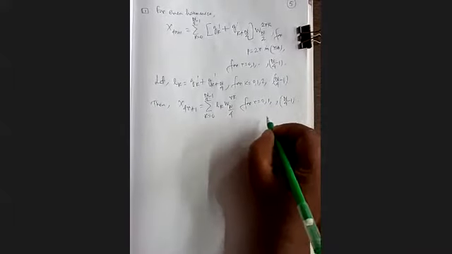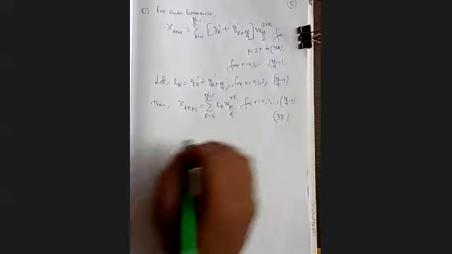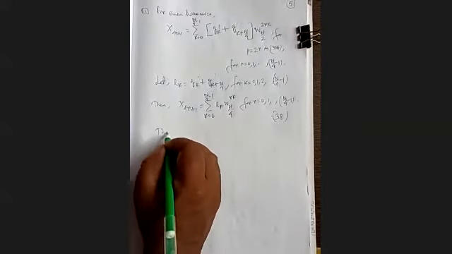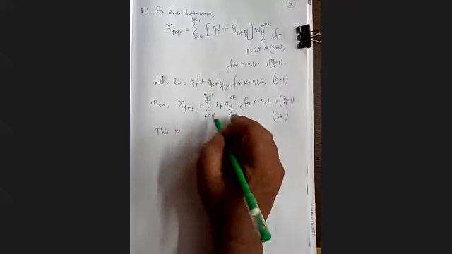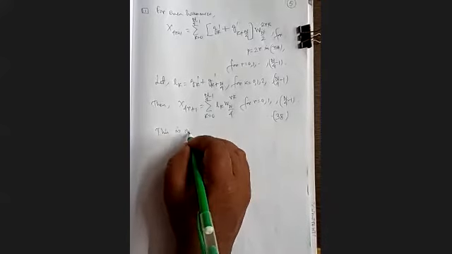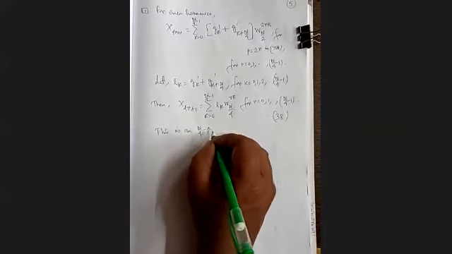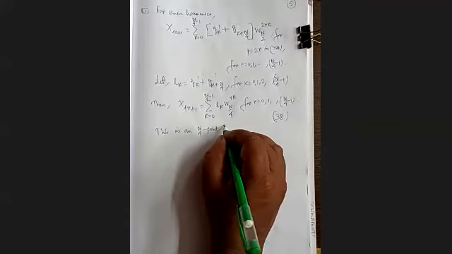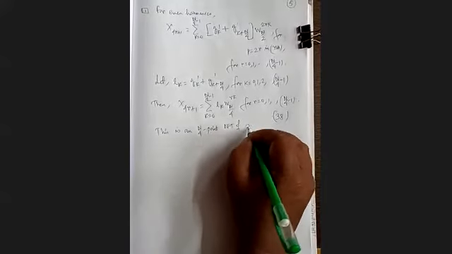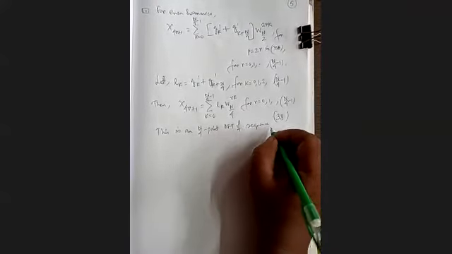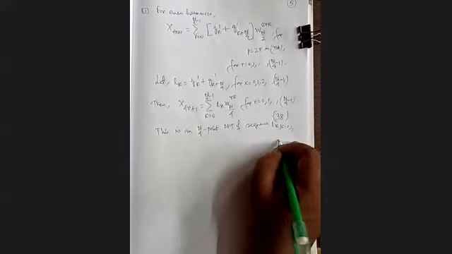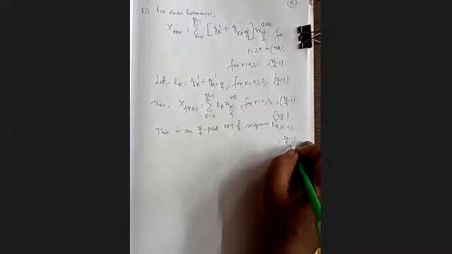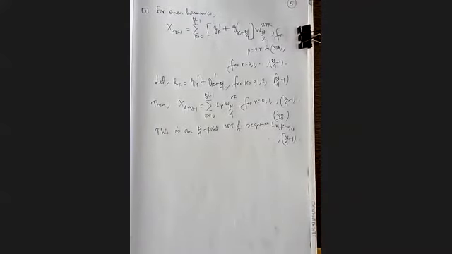This is our relation 38. See, the base is N by 4 and the number of points is also N by 4. So this is an N by 4 point DFT of the sequence L(k), k is 0, 1, 2 up to N by 4 minus 1.